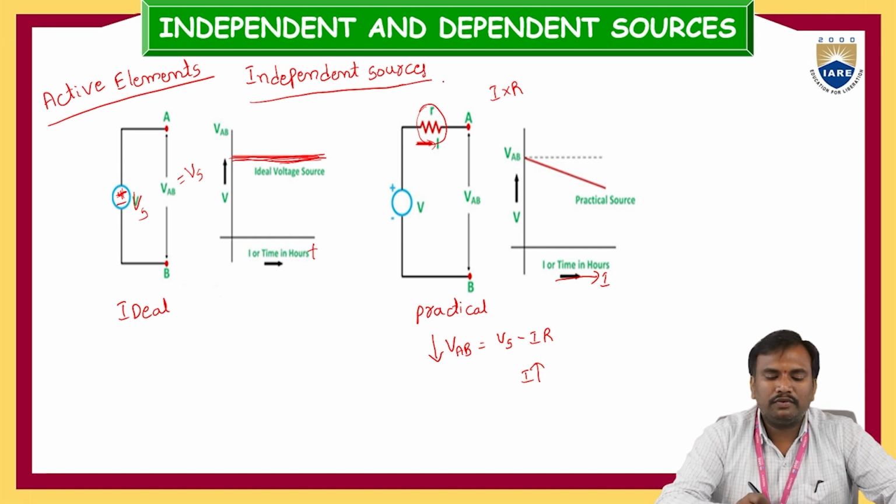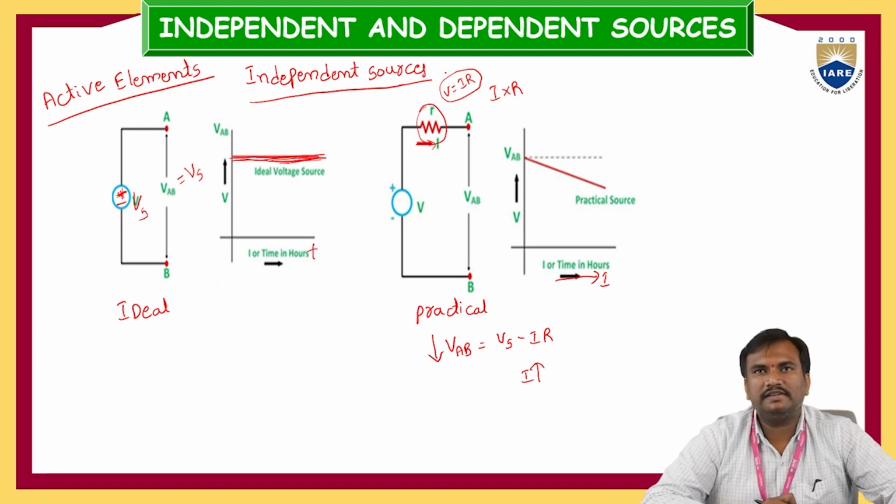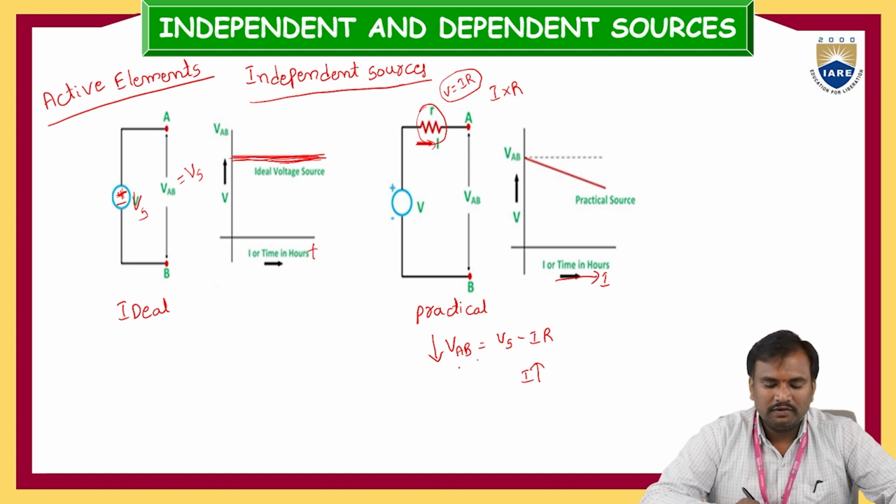When some current flows through it, according to Ohm's law, V equals IR, there will be some voltage drop in the resistance, where VAB equals Vs minus IR.